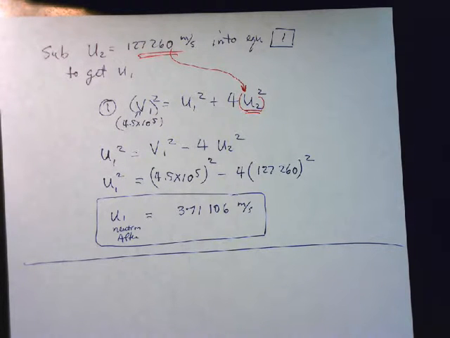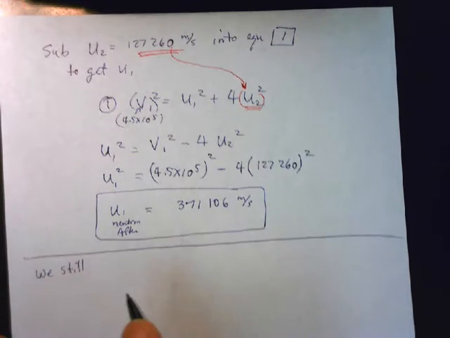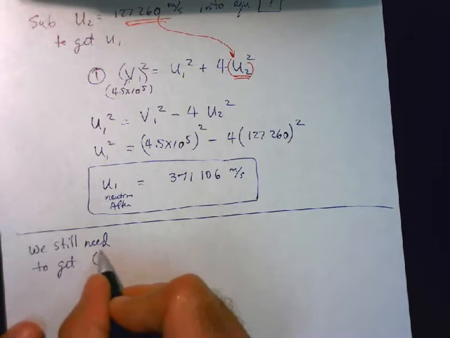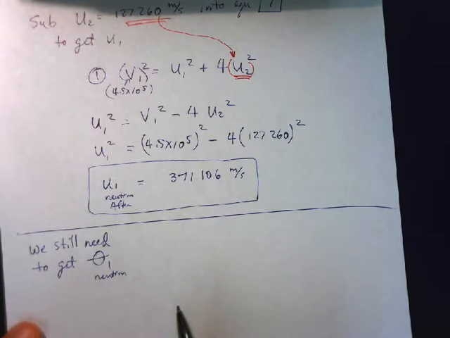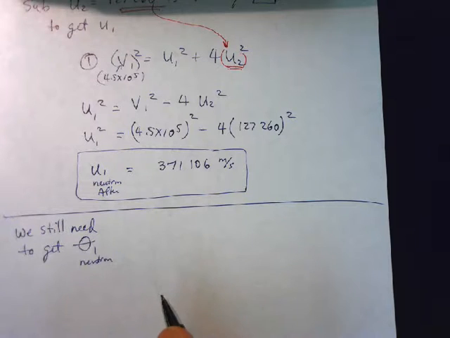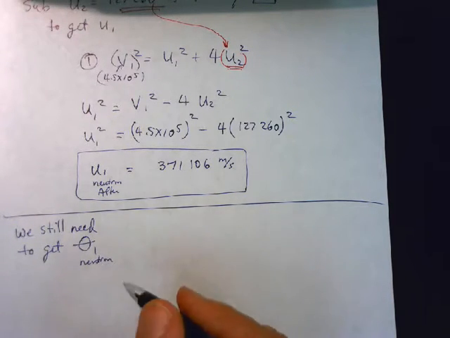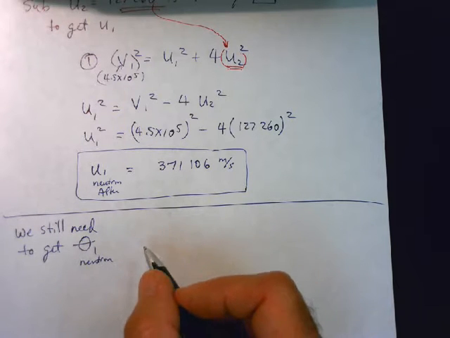We just have one more thing to go, and that's to get theta 1. So we still need to get theta 1, which is the angle that the neutron glances off after collision. So we need to substitute our information back into some equation that has an angle, like equation 3.